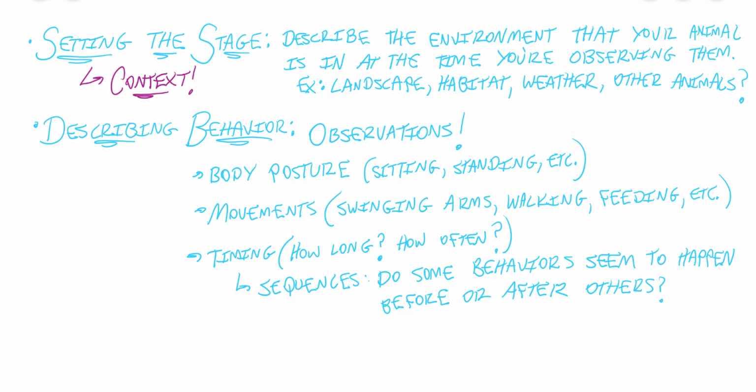Now, there's two different types of observations you can do. There are what are called continuous observations. Actually, we'll just put continuous. But there's another type too called instantaneous.